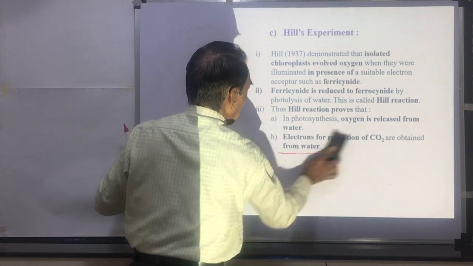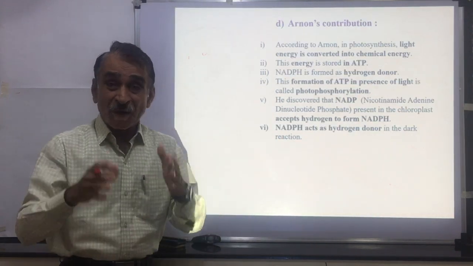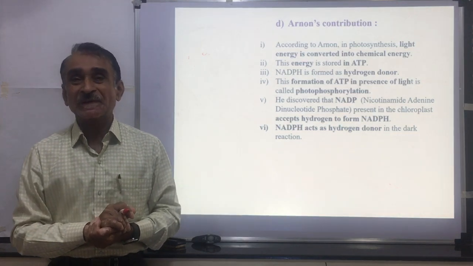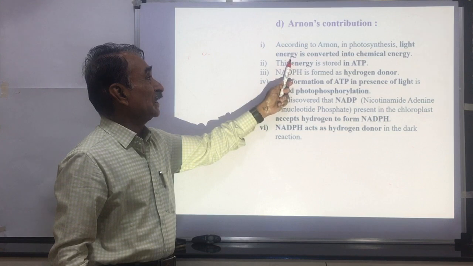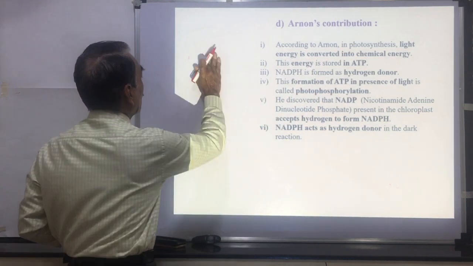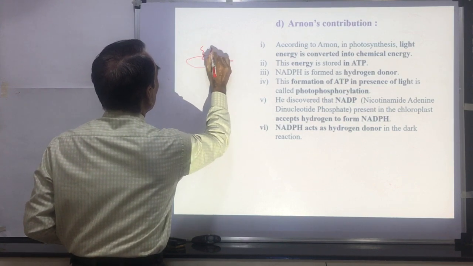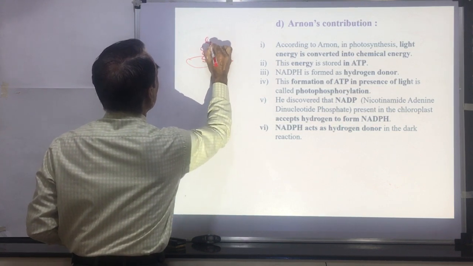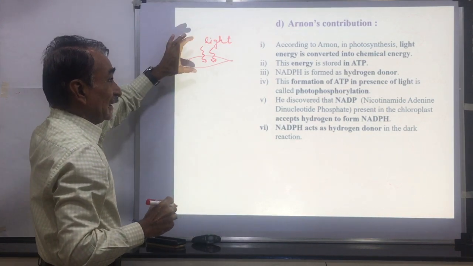The next scientist, Arnon. What is Arnon's contribution to photosynthesis? According to Arnon, in photosynthesis, light energy is converted into chemical energy. Suppose this is a leaf containing chlorophyll, illuminated by light.